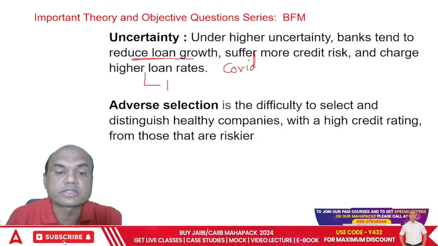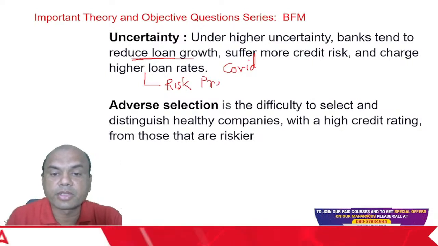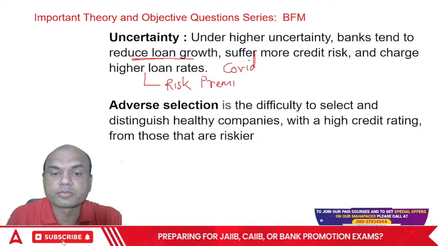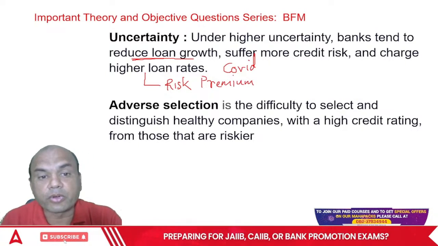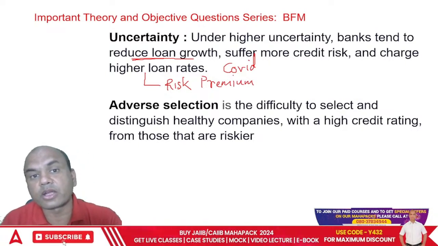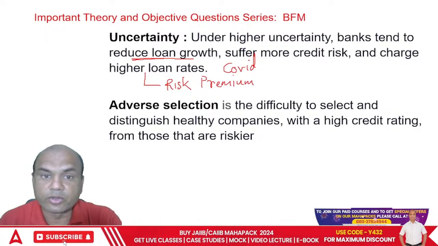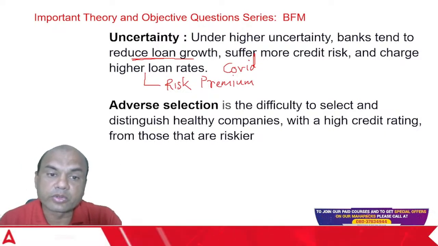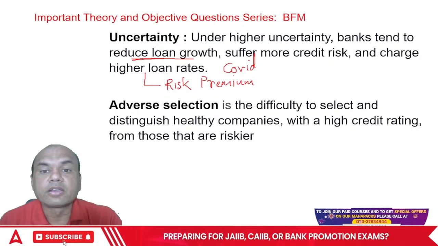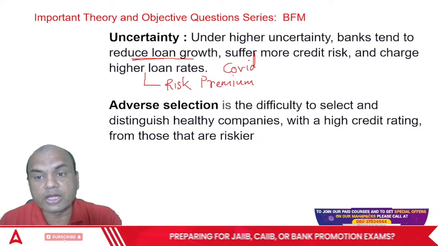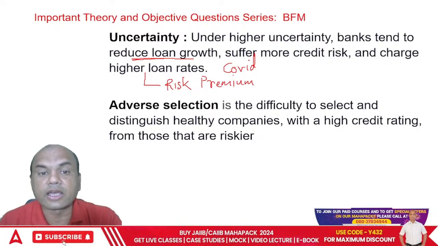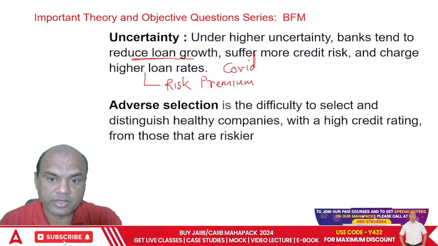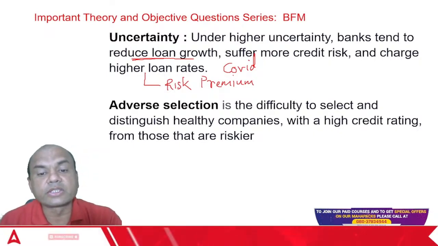Higher loan interest is called as risk premium. So this is an important term under uncertainty. What happens to the banks during uncertainty period? Reduce the loan growth, everyone. Second, suffer more credit risk, higher credit risk, and higher rate of interest. Got it?